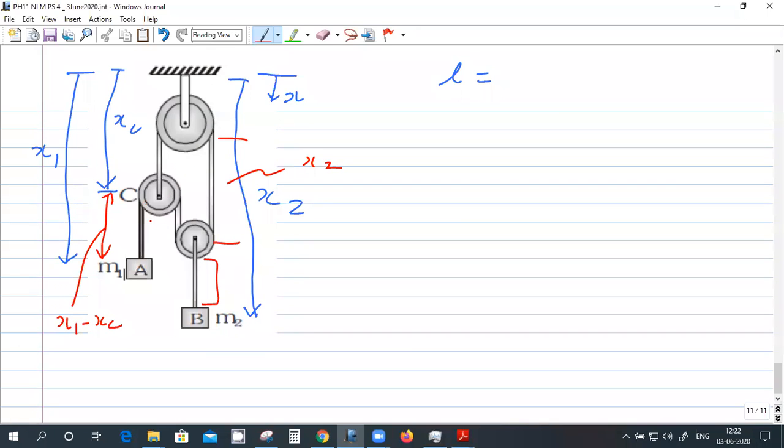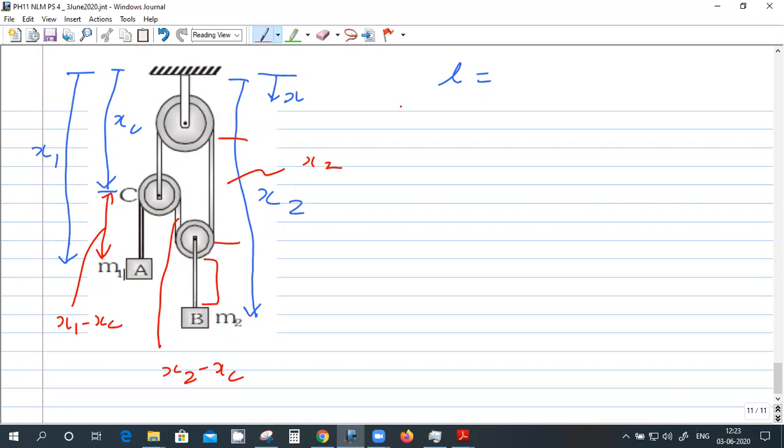So this length is x1 minus xc. And what about this length? It's x2 minus xc, right? X2 minus xc.